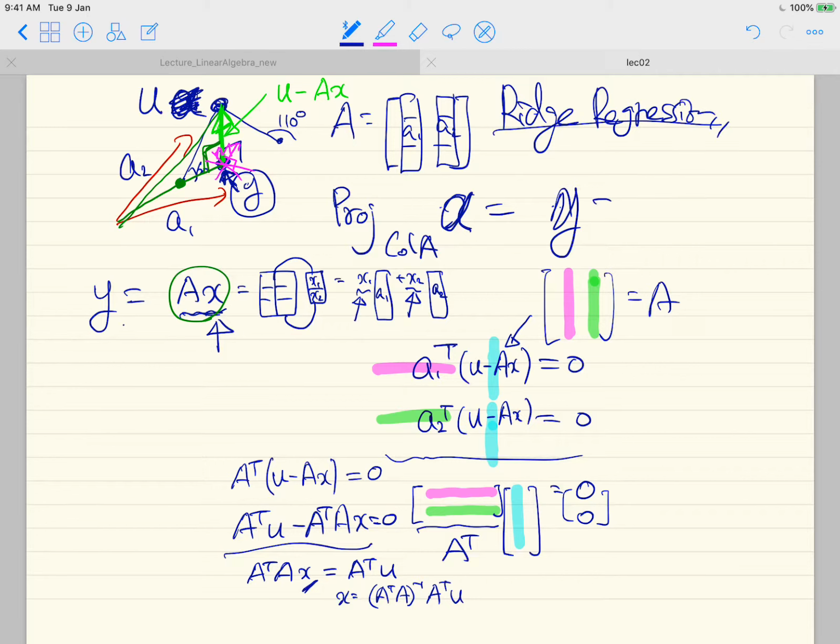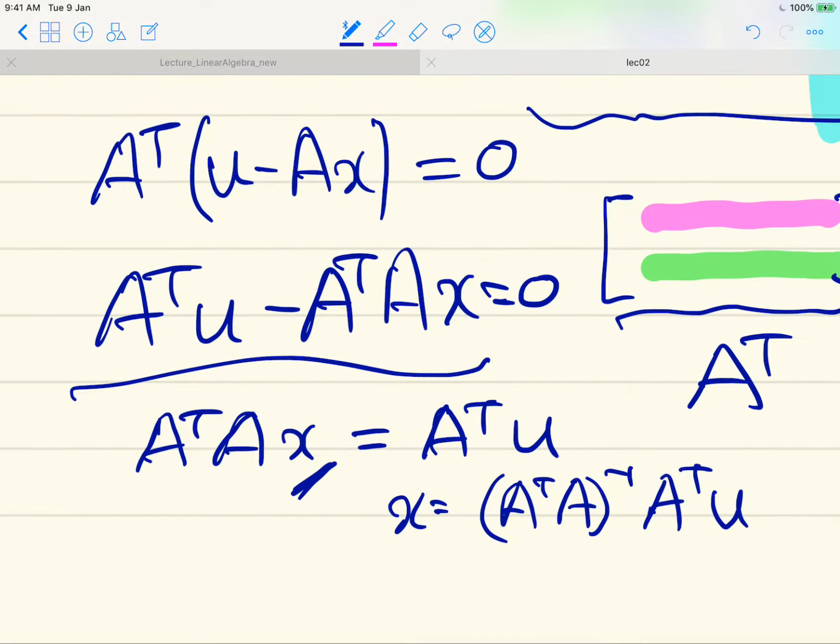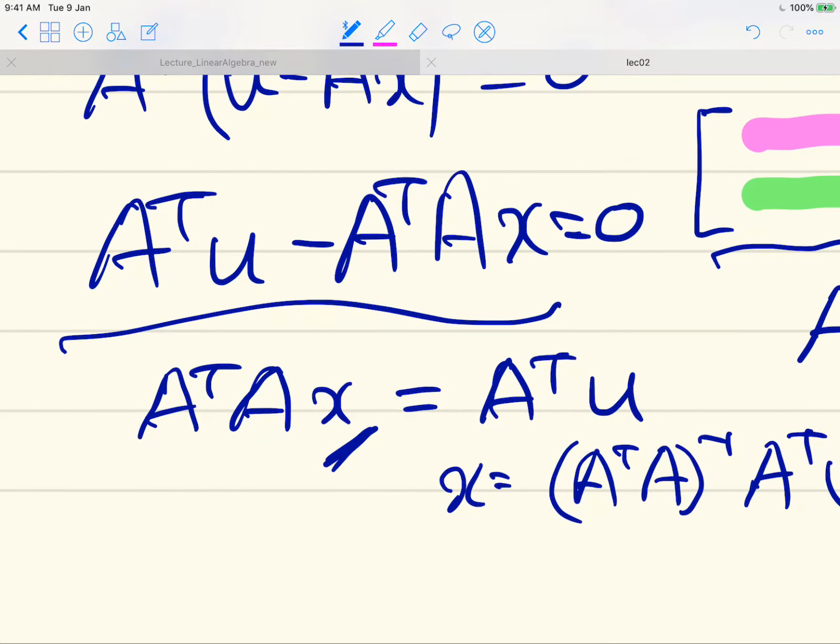Have you guys heard about it? It is basically a regression problem. But anyway, one simple trick is that instead of using A transpose A, we actually use A transpose A plus gamma times the identity matrix.